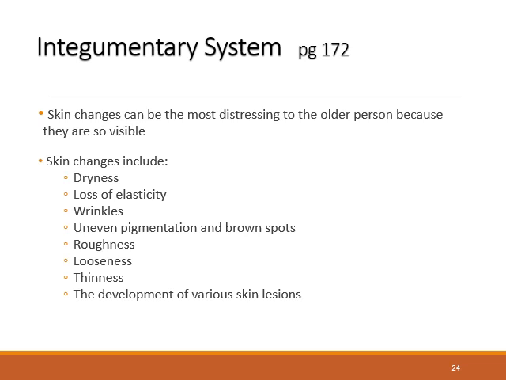There's looseness to their skin. And when you go to take a blood pressure, be sure you don't pinch some of that loose skin in your blood pressure cuff. The tissues are very thin and can tear easily, so we have to be careful handling our elderly patients. And also they can develop various skin lesions.